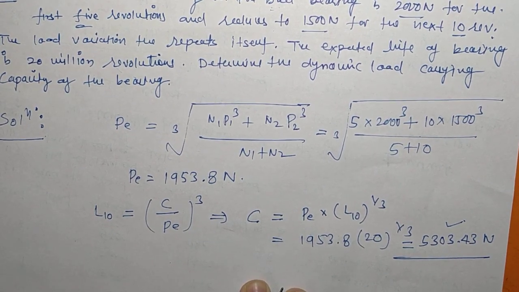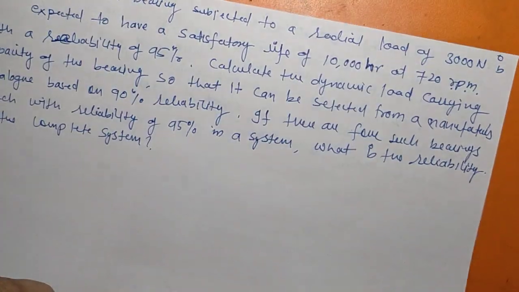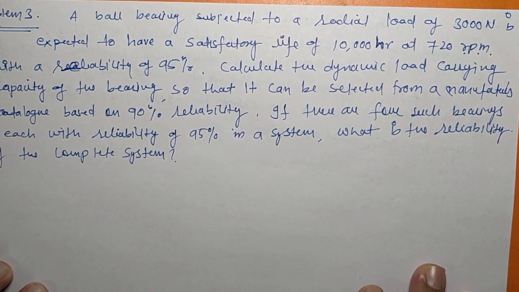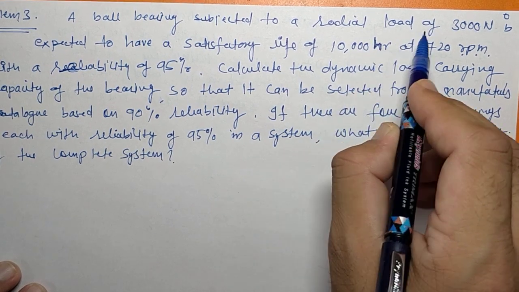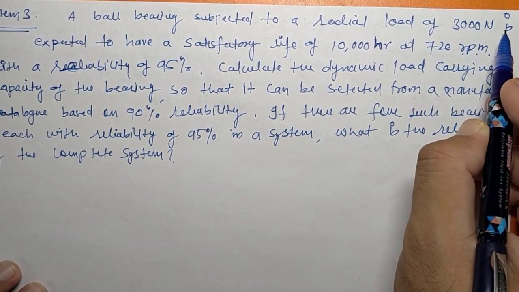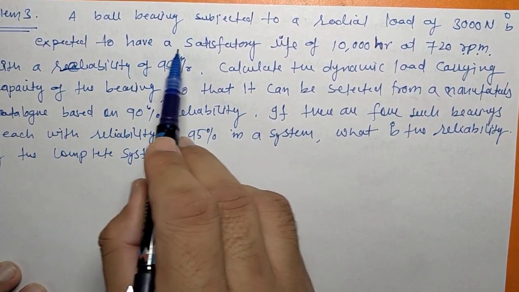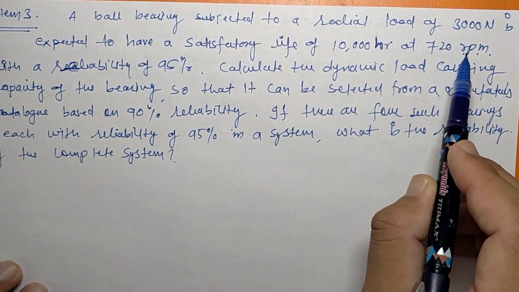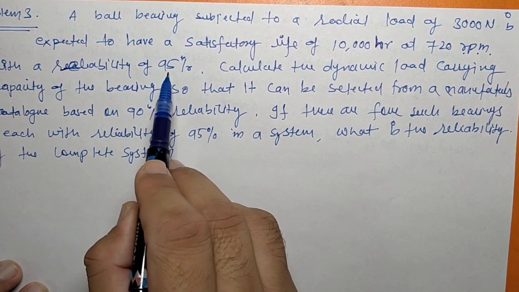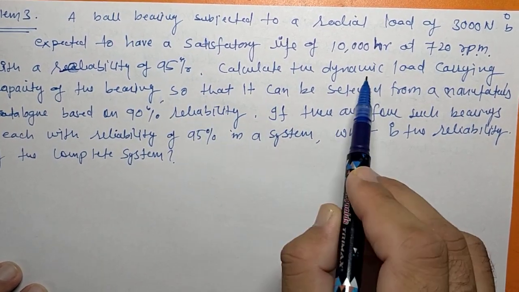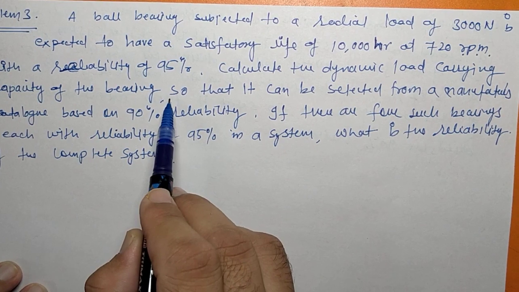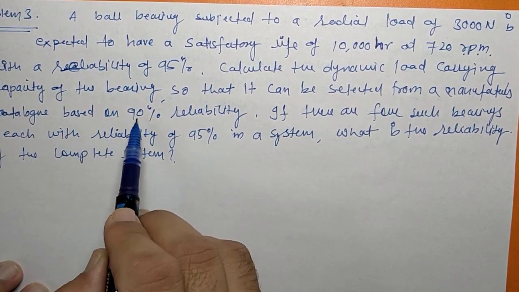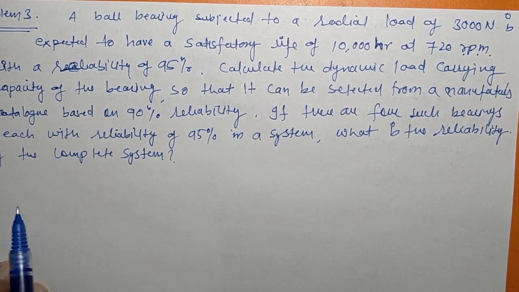Now we are given the third problem. In this problem, a ball bearing subjected to a radial load of 3000 Newton is expected to have a satisfactory life of 10,000 hours at 720 rpm with a reliability of 95%. Calculate the dynamic load carrying capacity of the bearing so that it can be selected from a manufacturer's catalog based on the 90% reliability.